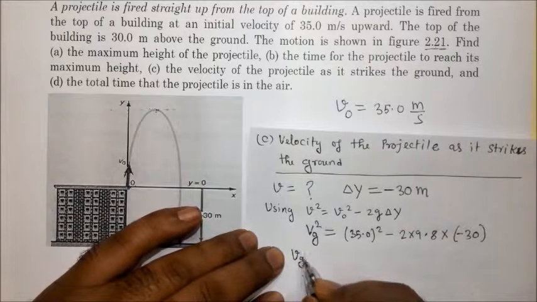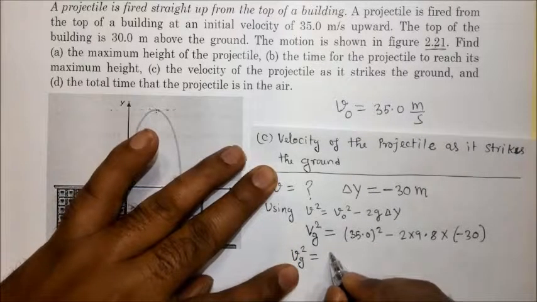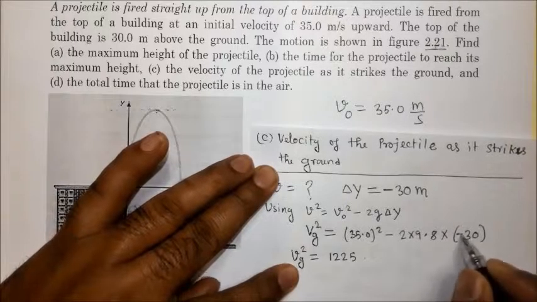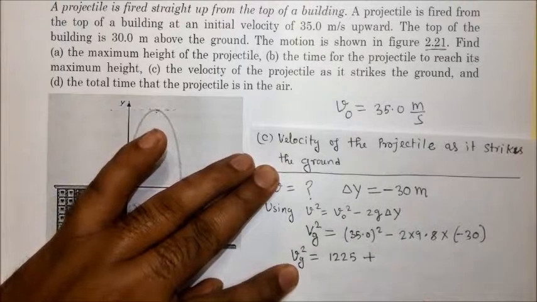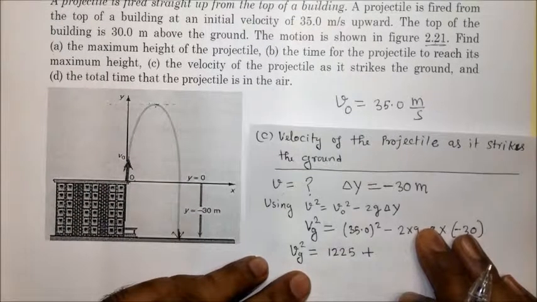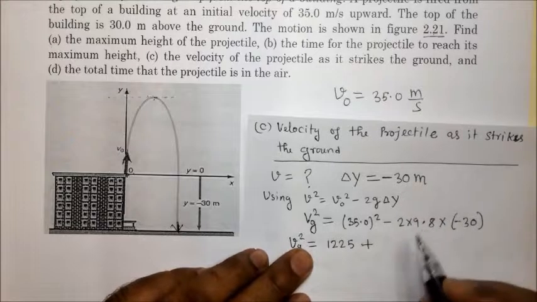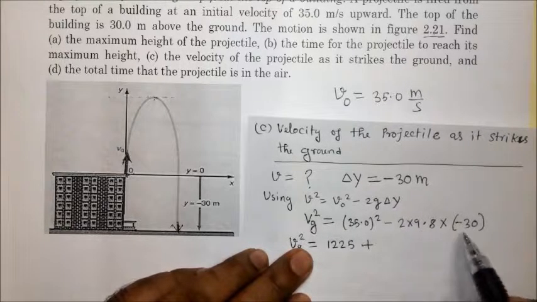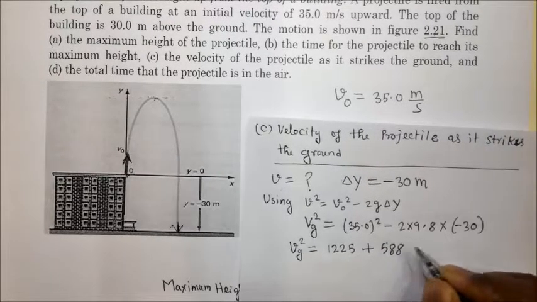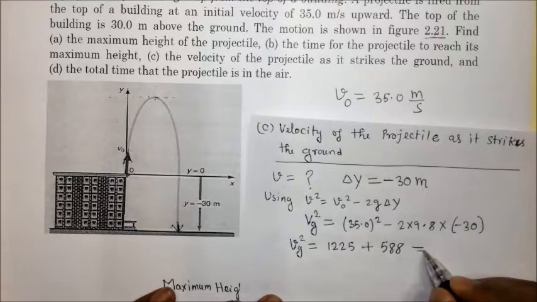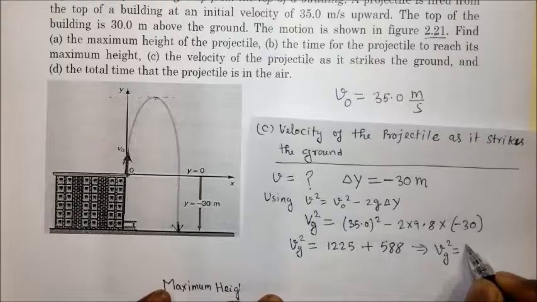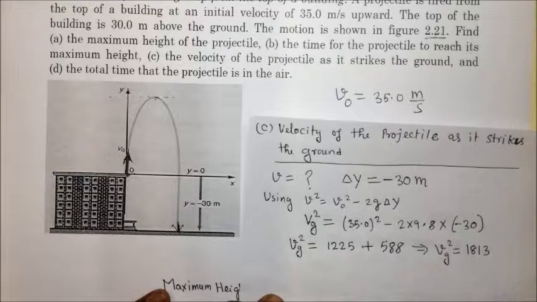Okay, so Vg square is equal to 35 square is 1225. This minus and this minus becomes plus 2 times 9.8 times 30, this is 588. Now this gives you Vg square is 1813.